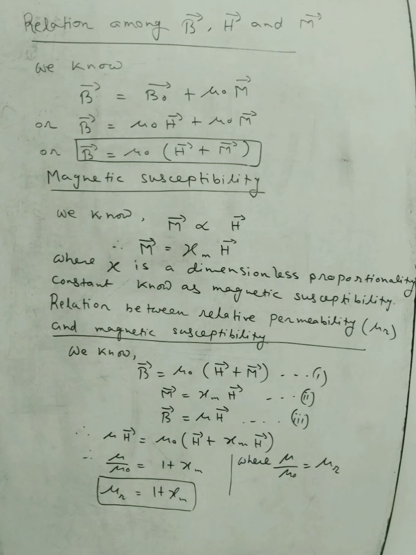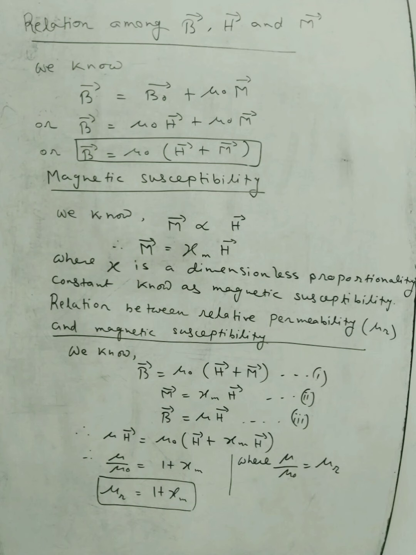Now the relation among B vector, H vector and M vector. We know that B vector is equal to B0 vector plus mu 0 into M vector. That is, the induced magnetic field is equal to the magnetic field in air plus mu 0 M, that is the extra, or increased, magnetic field inside the magnetic material.